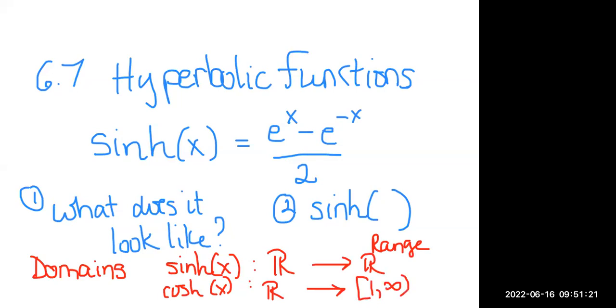And you could see that if you started substituting in whole bunches of numbers like -7, that works. That's in the domain. When you substitute that into the formula for a hyperbolic cosine, you'd get a positive number greater than or equal to 1.